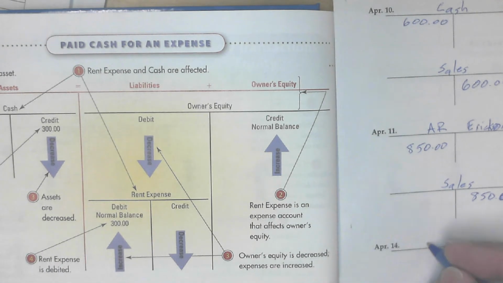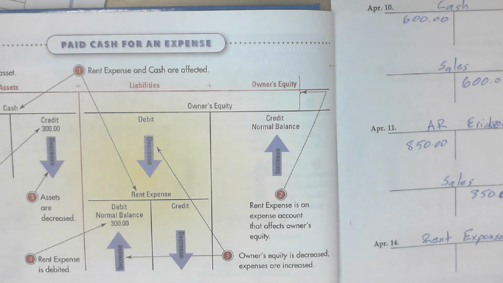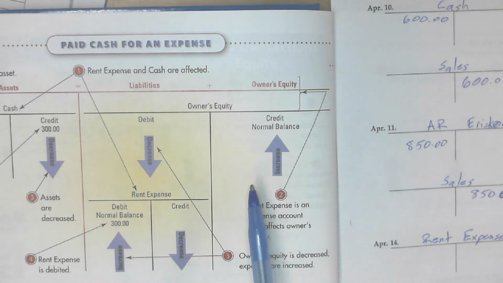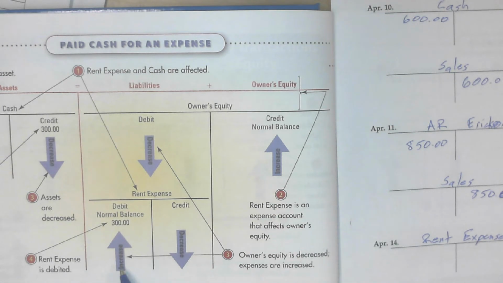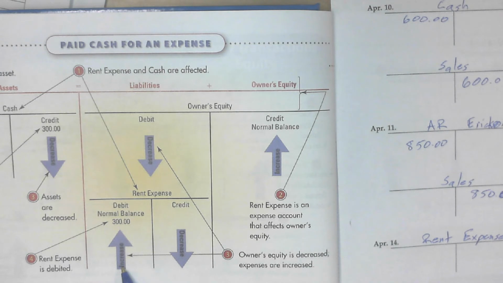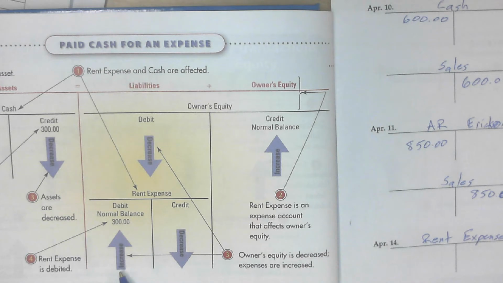I'll go ahead and write down, we know that it was for rent, so we'll make rent expense. Our expense went up, so we're going to have an increase in our expenses.